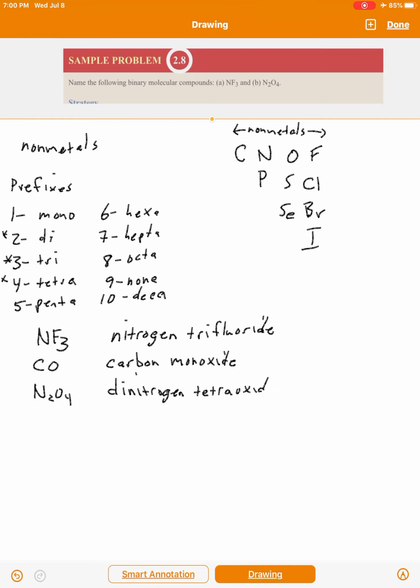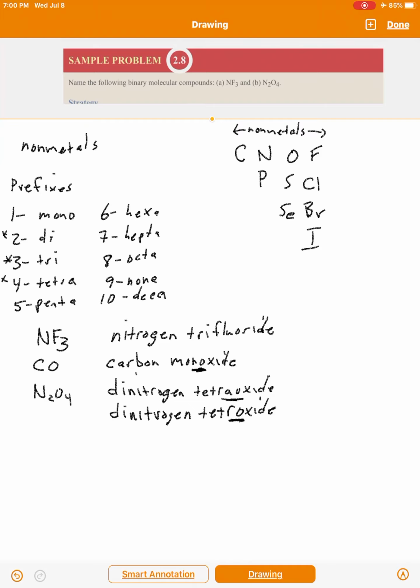Now, just so you know, a lot of times, if you have the O, tetraoxide, it's very common for people to drop the A. So you never put 2 O's together. We would never say monooxide, but it would be okay to say tetraoxide or tetroxide. It sounds a little nicer to say tetroxide instead of tetraoxide, but you'll see both of those out there.